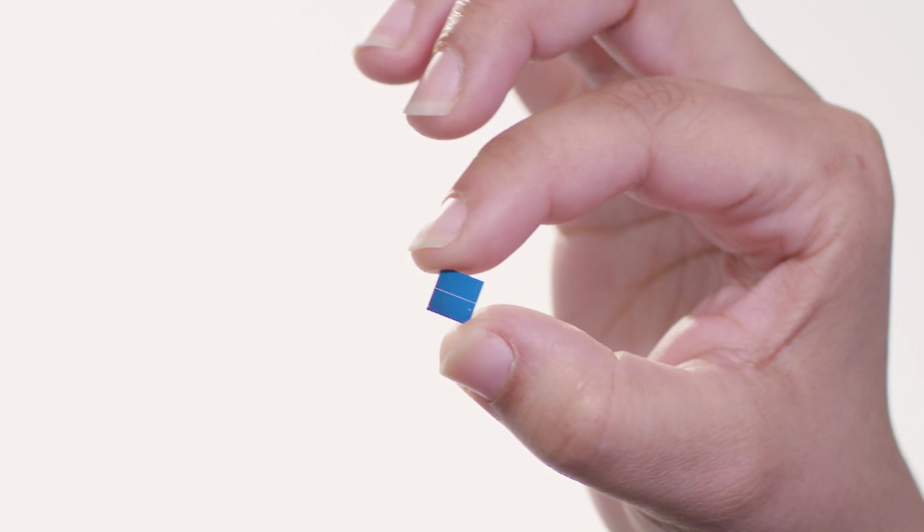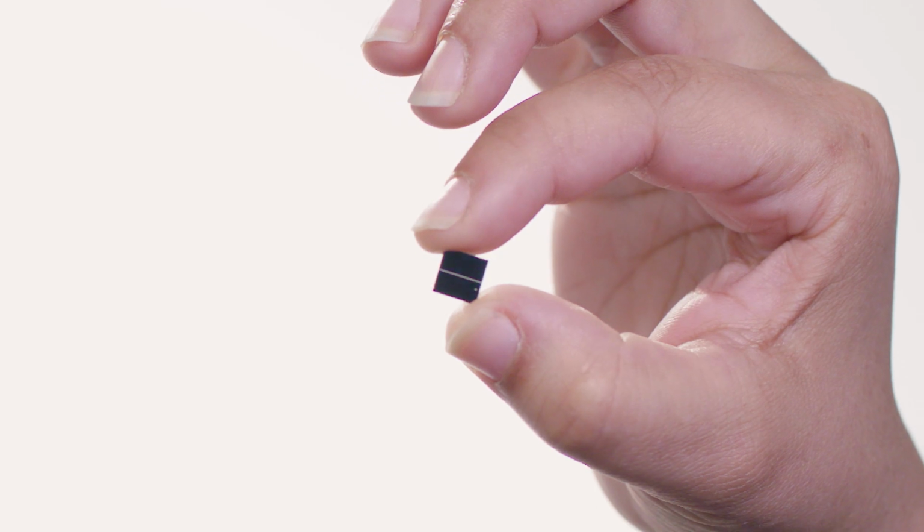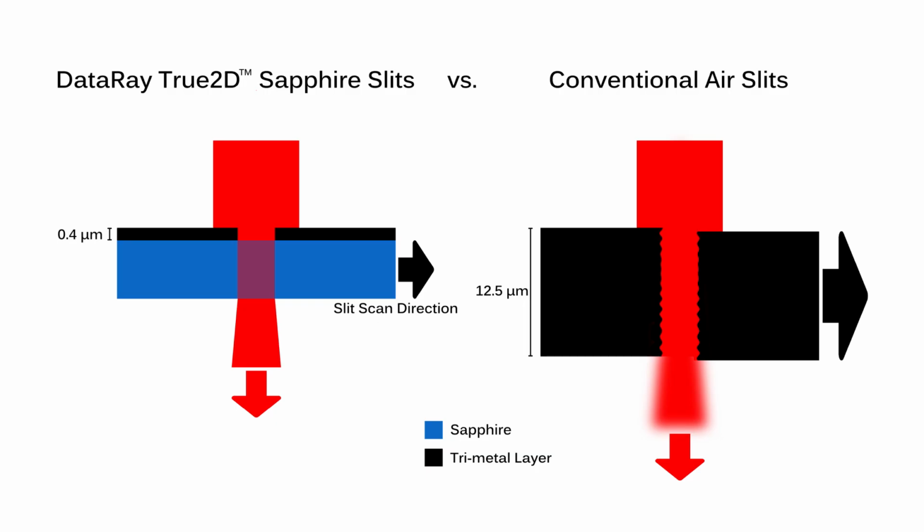Most scanning slit systems use slits that could better be described as scanning tunnels because of the actual thickness of the slit in Z. Our true 2D slits are comprised of multiple opaque layers deposited directly on a sapphire substrate. This allows for an approximate 400 nanometer or 0.4 micron slit thickness.